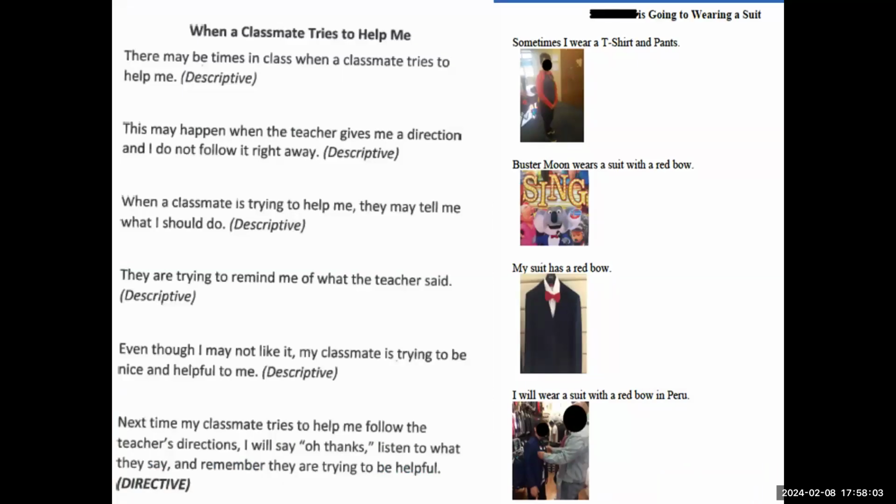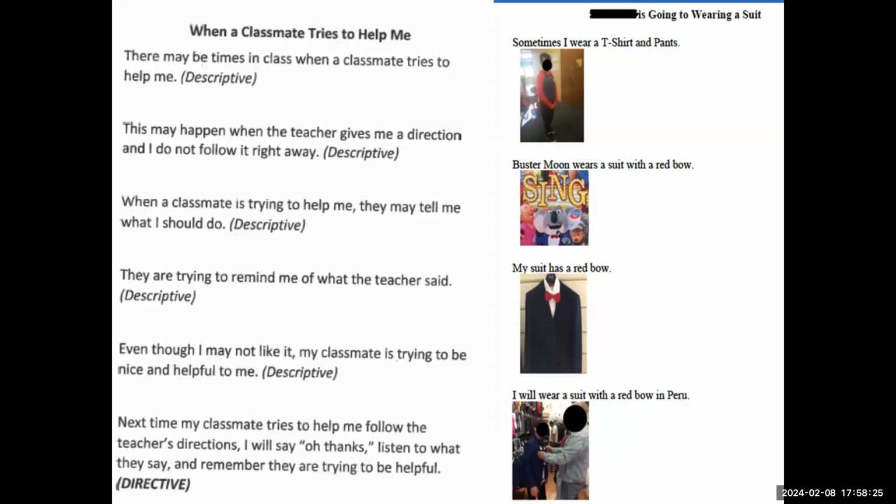There may be times in class when a classmate tries to help me. There's descriptive. This may happen when the teacher gives me a direction and I do not follow it right away. Again, it's descriptive. When a classmate is trying to name what I should do, descriptive. They are trying to remind me of what the teacher said.